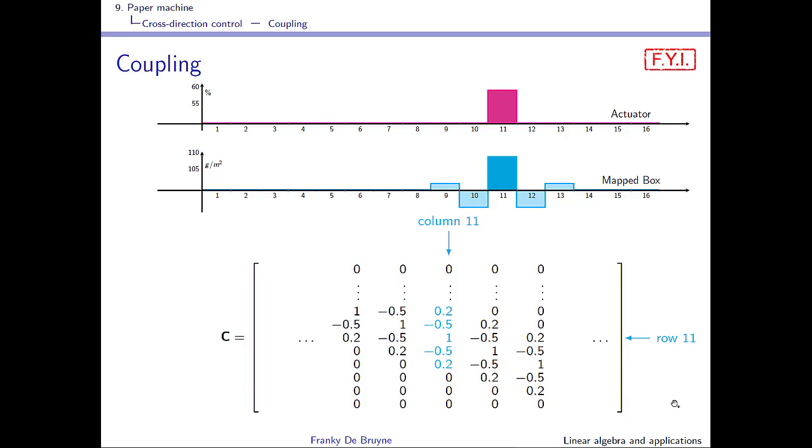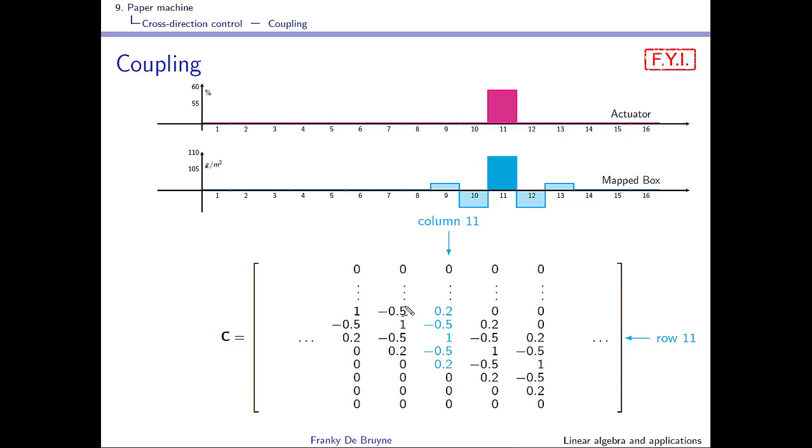Here we have done tests on actuator 11, but of course you should do the testing on all actuators, and if you do this you can fill your coupling matrix and obtain in this case a matrix that is 16 by 16. Here for simplicity we have made the assumption that the coupling effect is the same for each actuator, but it could very well be that the coupling effects are always different.